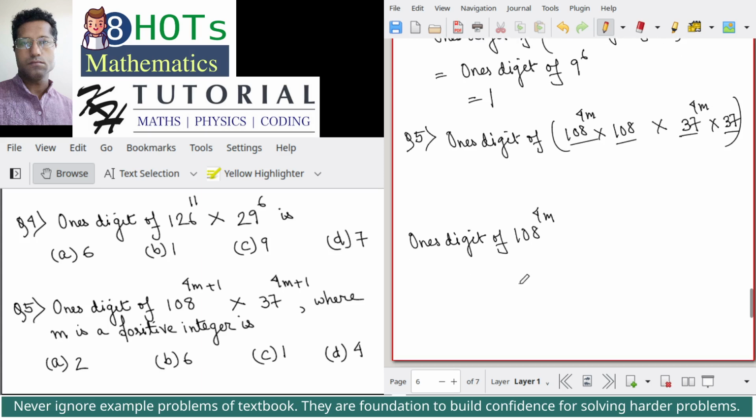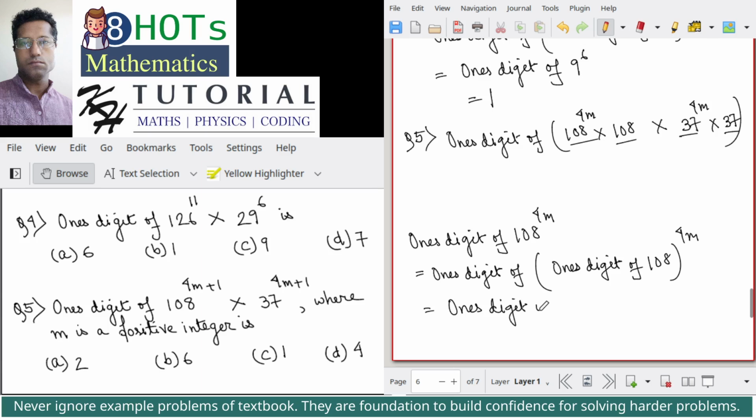I know that this will be equal to the ones digit of the ones digit of the base, which is 108, raised to the power 4m. 108 is 8, so 8 to the power 4m.